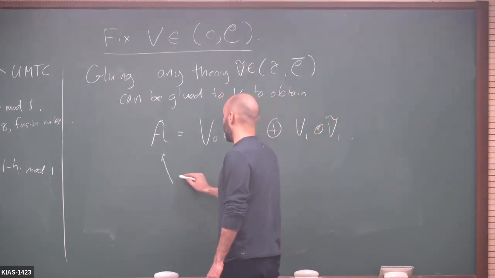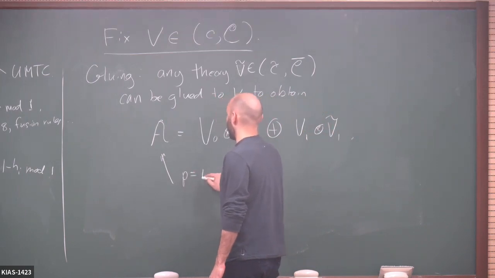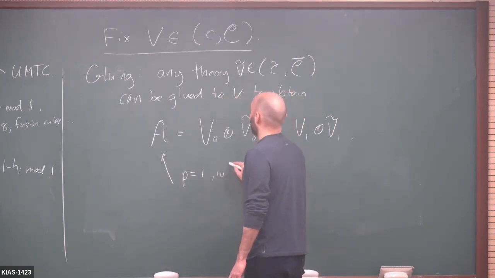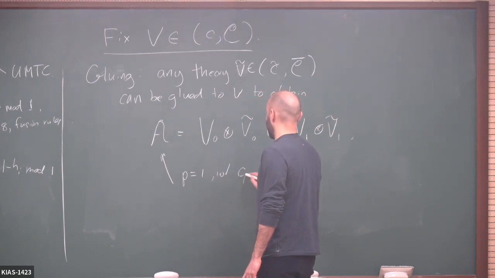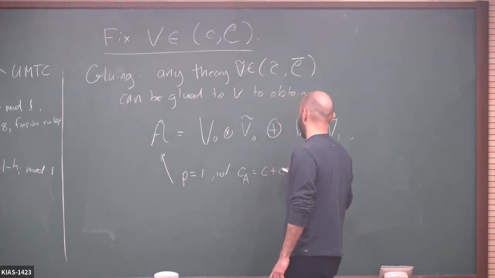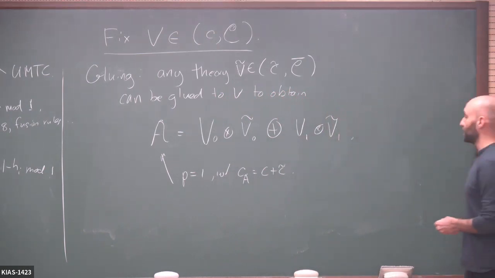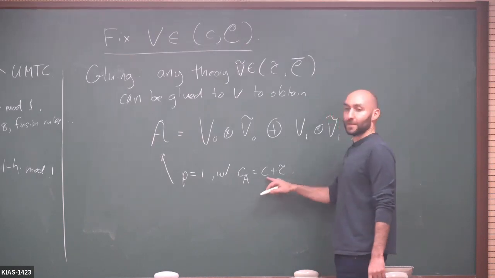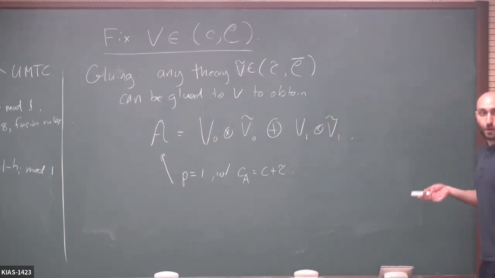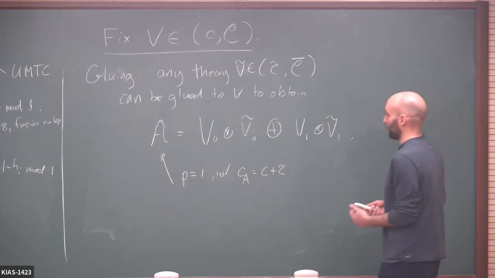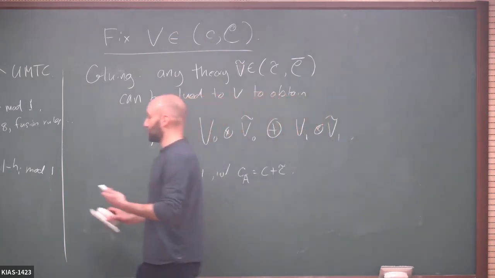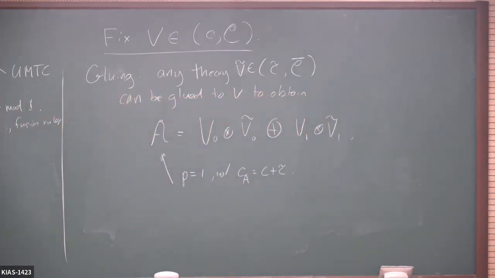The claim is that this is a p equals 1 theory, a meromorphic theory, with central charge equal to the sum of the two theories that you're gluing. And so in particular, if this central charge is less than or equal to 24, then it should appear in one of those lists that I wrote for you earlier. Namely, it's one of those 71 meromorphic theories with central charge 24, or it's E8 or E8 times E8 or D16 plus.